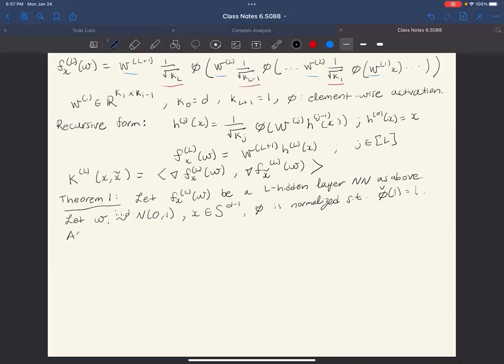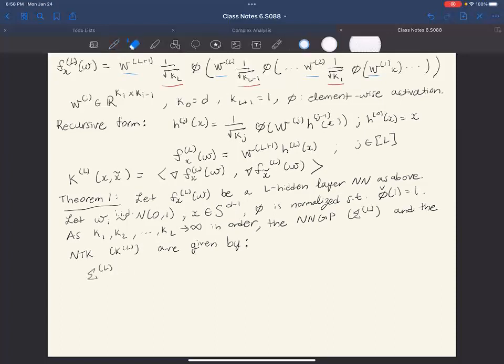Then, as the layer-wise widths K_1, K_2, ..., K_L go to infinity in this order, in particular K_1 goes to infinity first, K_2 goes to infinity second, and so on, the neural network Gaussian process, which we denoted sigma_L, and the NTK, which we denoted K_L, are given by the following. Sigma_L has to operate on two points, x and x tilde.